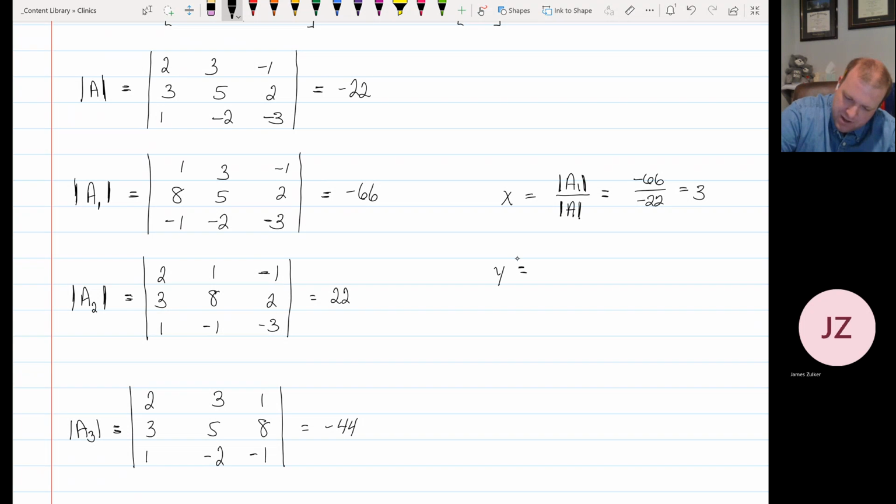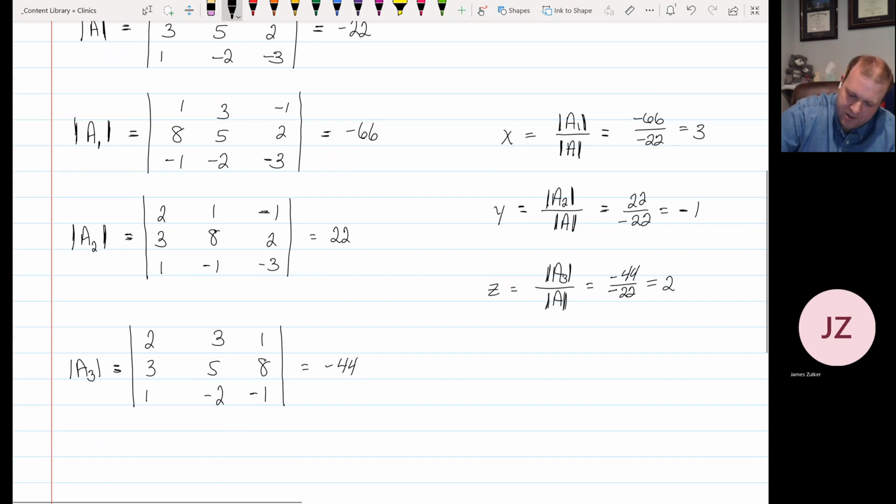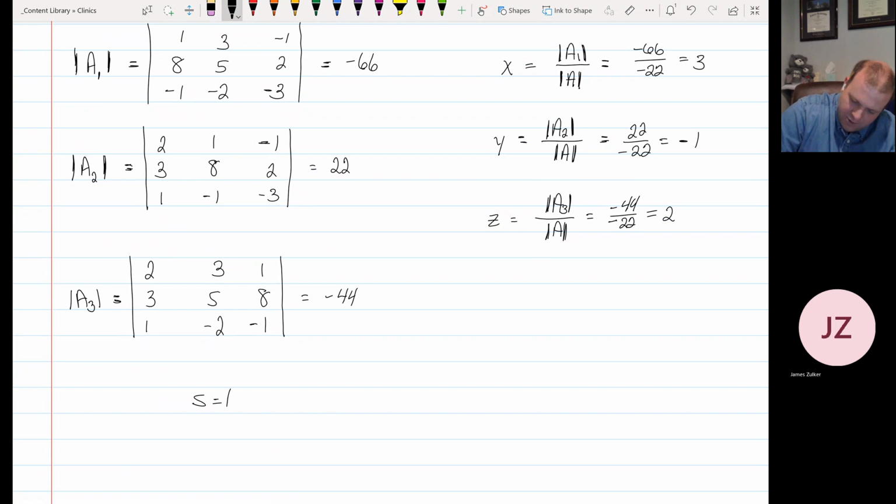Our second unknown is the determinant of A2 divided by the determinant of A. That's 22 over -22, we get -1. And the third unknown is the determinant of A3 over the determinant of A. So -44 over -22 gives us 2. So the solution to this system is 3, -1, and 2.